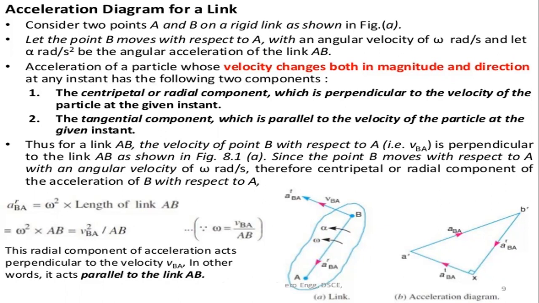Thus for the link AB, the velocity of point B with respect to A, which we take as VBA, is perpendicular to the link AB.